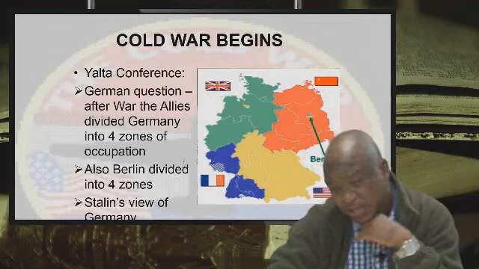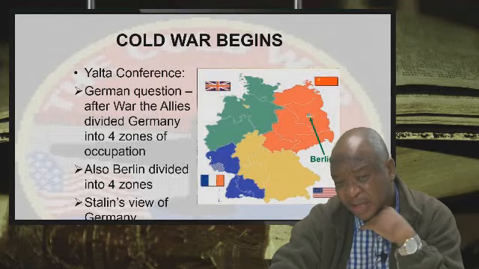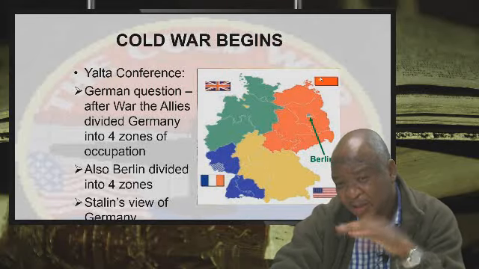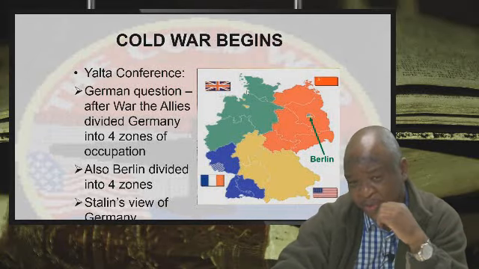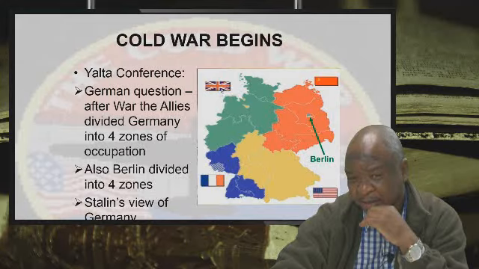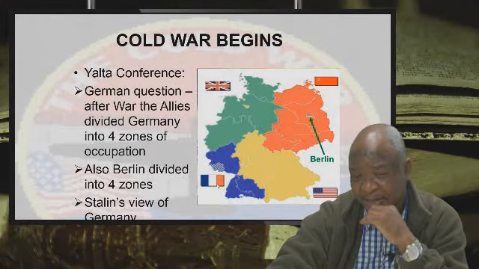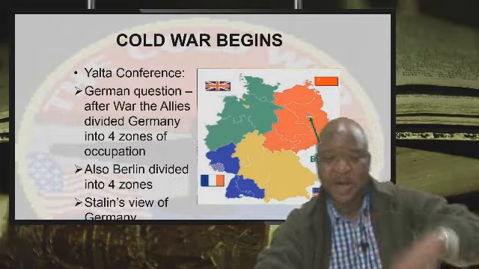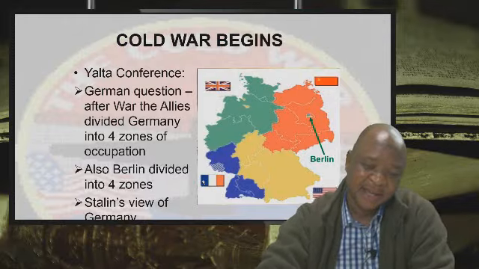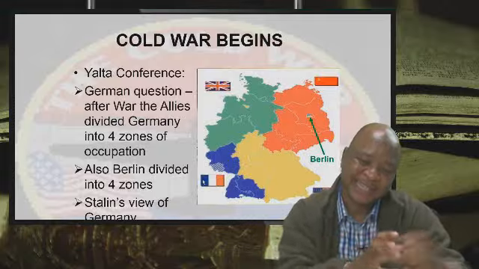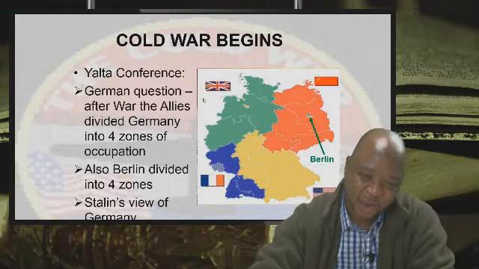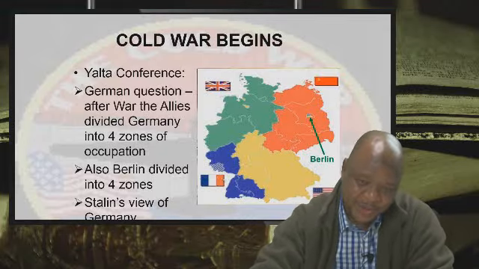But that view was not shared by the rest of the countries that fought together with the USSR during the war. That was not shared by Britain. It was not shared especially by France and the USA. I'll tell you why I say especially by France. In terms of proximity, the closeness, France of the 3 is the closest to Germany.